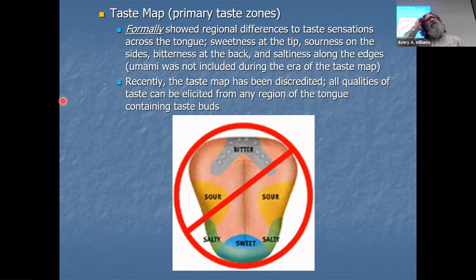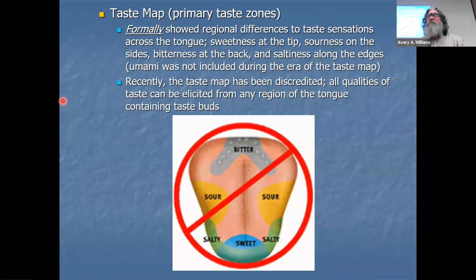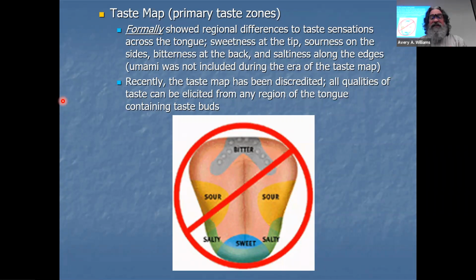So it never worked. And finally someone decided to investigate this guy's dissertation and look at the statistics that he was using to generate this taste map. And I guess they didn't analyze his numbers before, because his numbers were all wrong, or they were not significant.